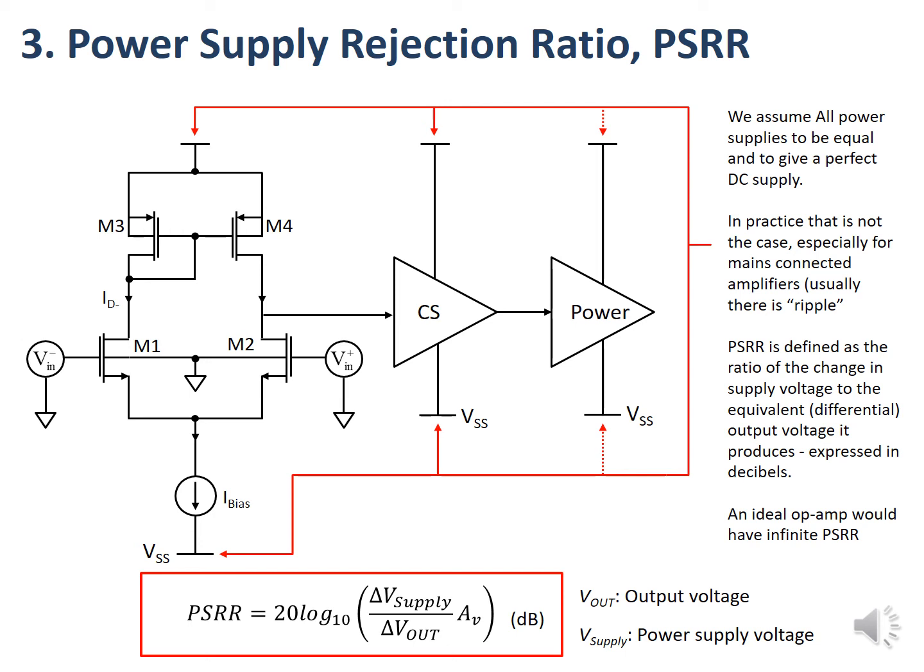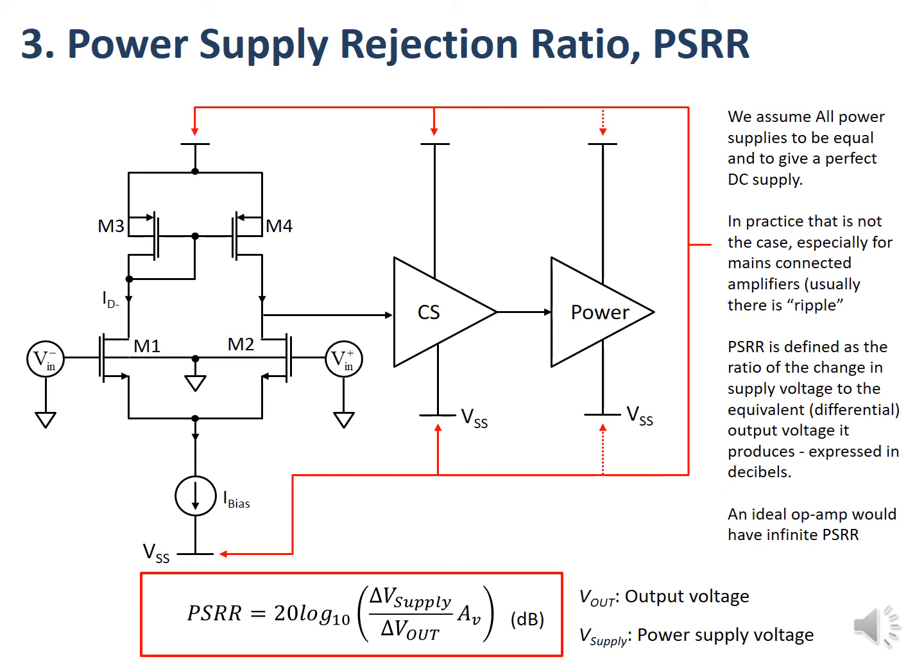In practice, that's not usually the case. Actually, there's usually a small amount of so-called ripple, slight variation, particularly bad in mains connected amplifiers. It's much less of a problem in battery supplies. But what we were hoping is that any small changes, any of that ripple, has a very small effect on the output voltage.